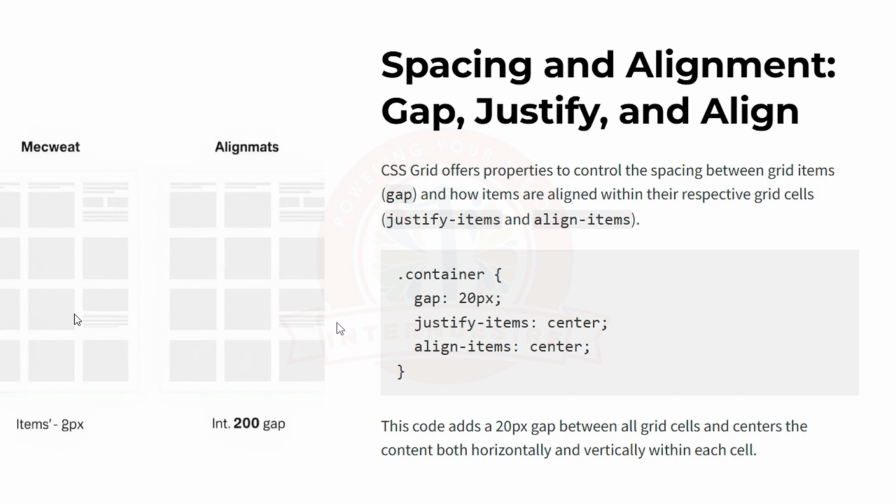This code adds a 20 pixel gap between all grid cells and centers content both horizontally and vertically within each grid cell. So this is how we can use spacing and create proper alignment using the properties of CSS Grid.